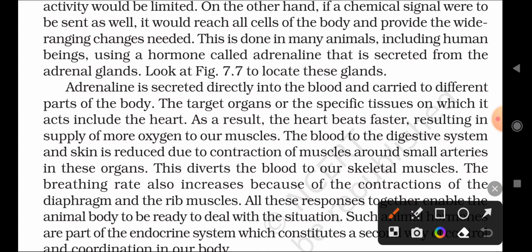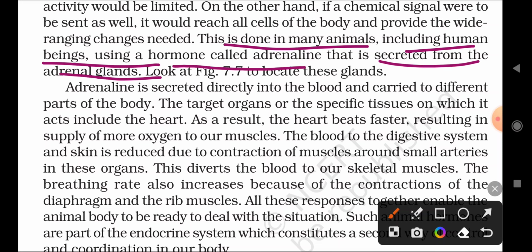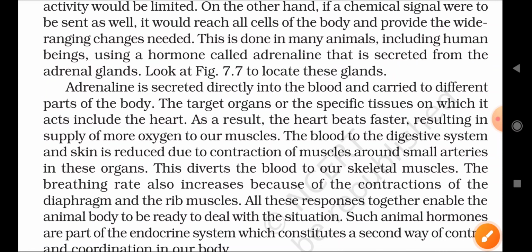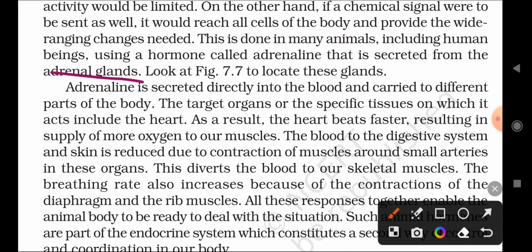Okay, this is done in many animals, including human beings, using a hormone called adrenaline, that is secreted from the adrenal gland. Remember that very important point. Which hormone is secreted by the adrenal gland? We can write: adrenaline hormone. Which hormone is secreted by the adrenal gland? Adrenaline hormone.